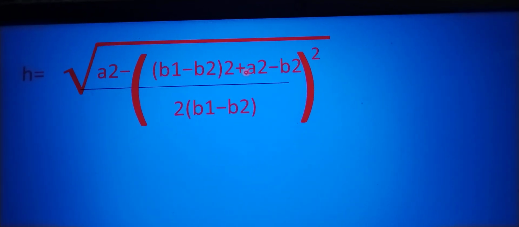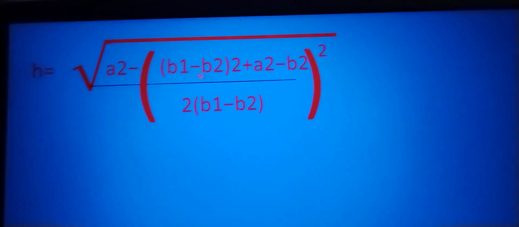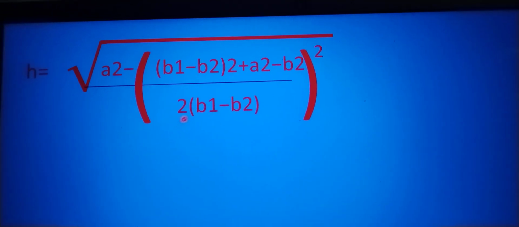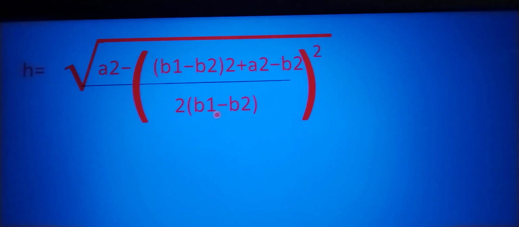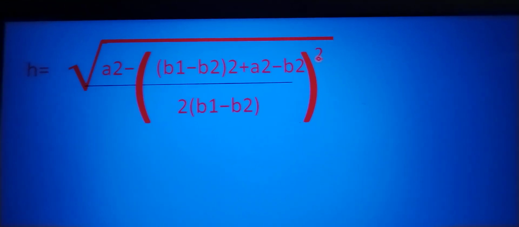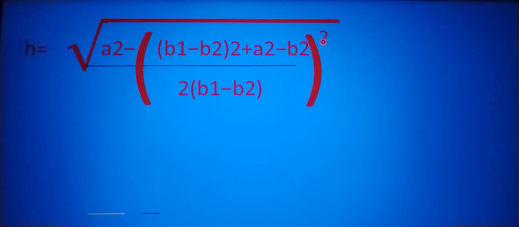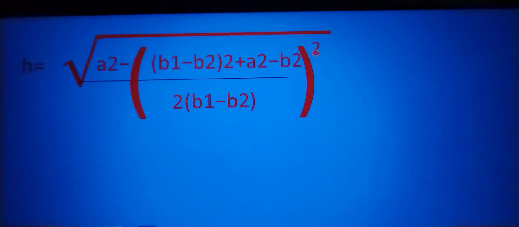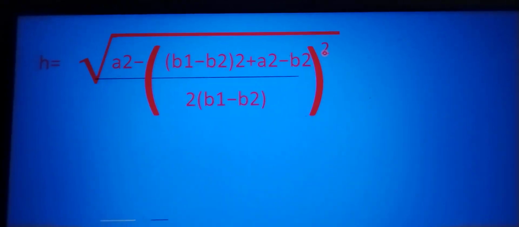Then we add A squared minus B squared over 2 times base 1 minus base 2. Then all of this result will be squared. So this is the Pythagorean formula for finding the height of a trapezoid. Now we're going to use this formula to calculate the height.